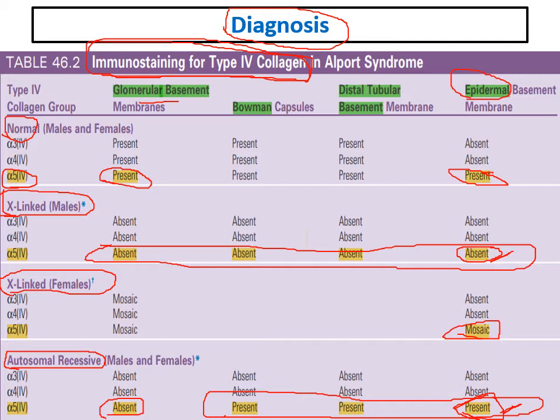A very important point to differentiate between X-linked and autosomal recessive. In X-linked male, which is the aggressive form, it is absent in all areas, but in autosomal recessive, I am talking about the alpha 5 chain of type 4 collagen, it is only absent in glomeruli, but present in all other areas. This is to differentiate between both of them.